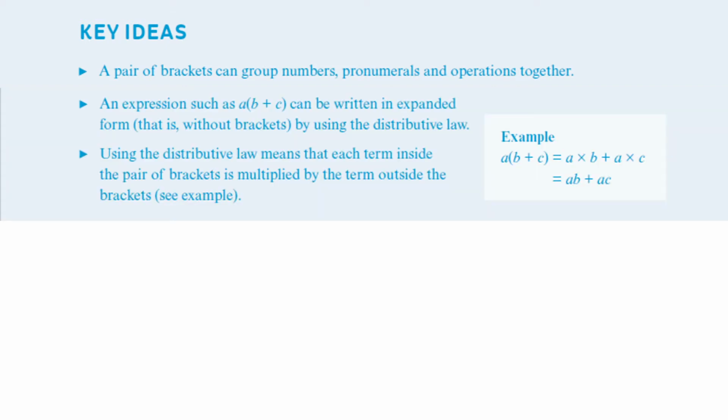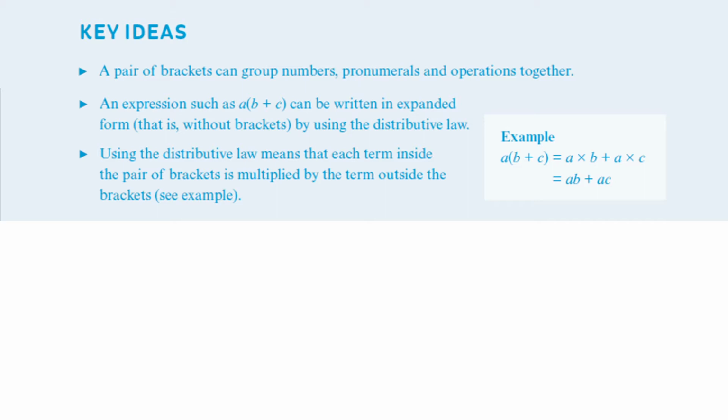So here is a rule. This rule here is something you should write into your summary books. So if we have an example of a bracket expression with A bracket B plus C, what this A in front of the bracket represents is that it is multiplied by everything that is on the inside of the bracket.